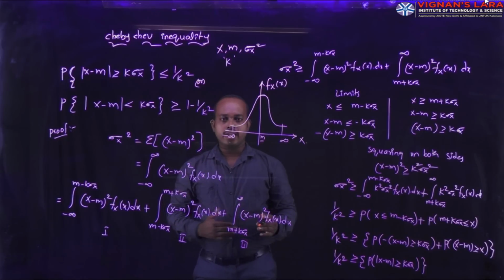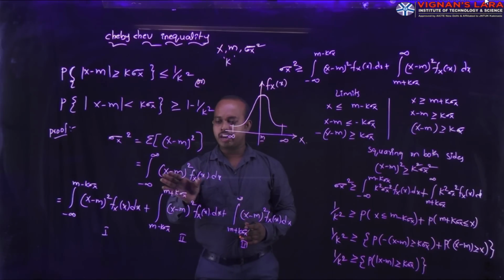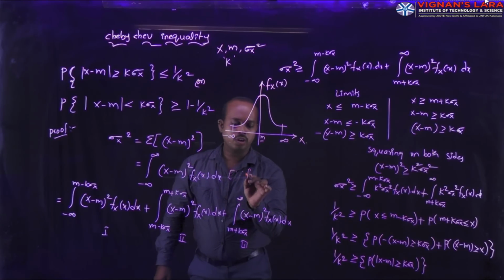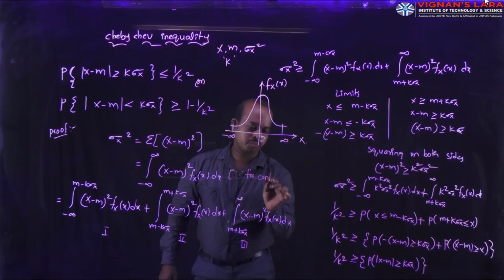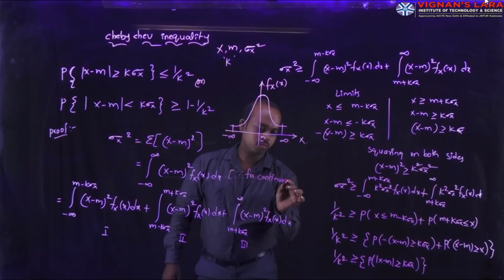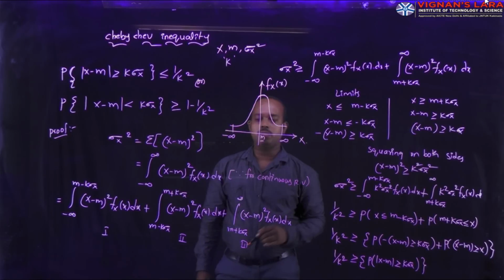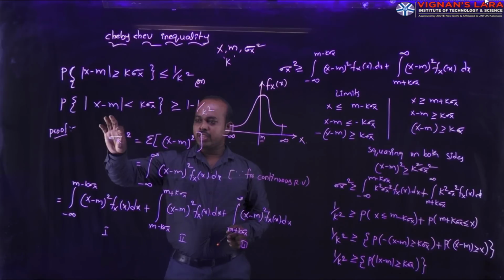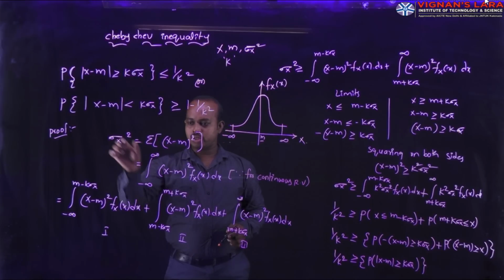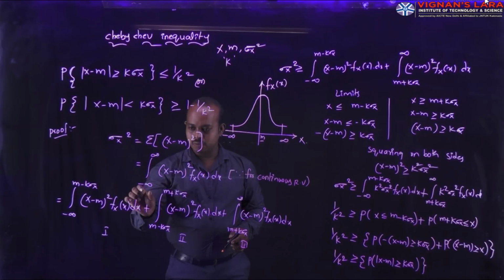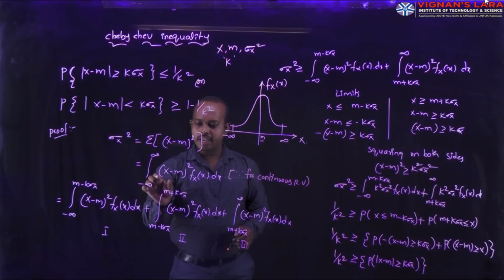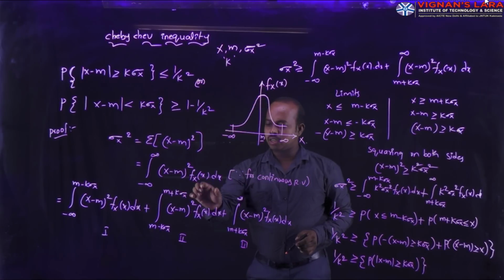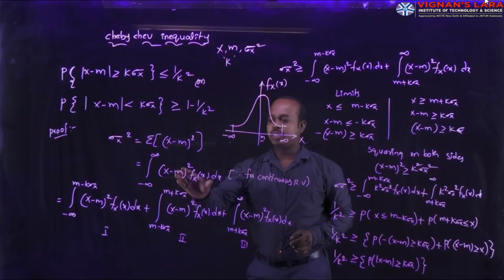For a continuous random variable, the variance formula is sigma_X squared equals the integral from minus infinity to plus infinity of (x minus m) whole squared times f_X(x) dx. This is the basic formula.